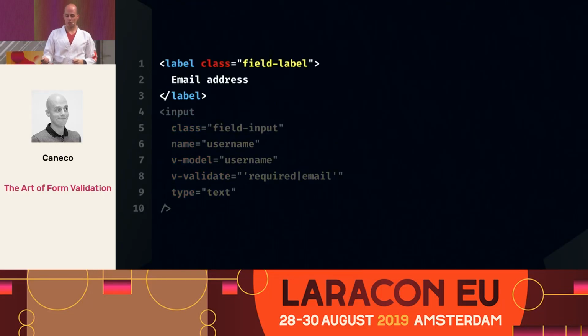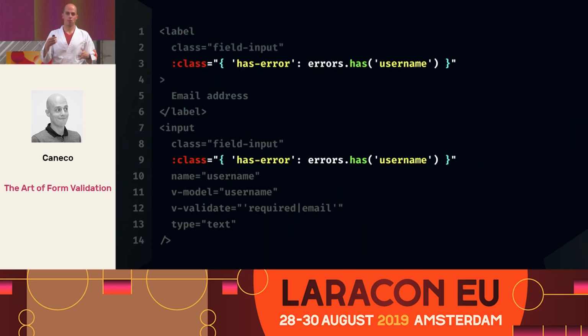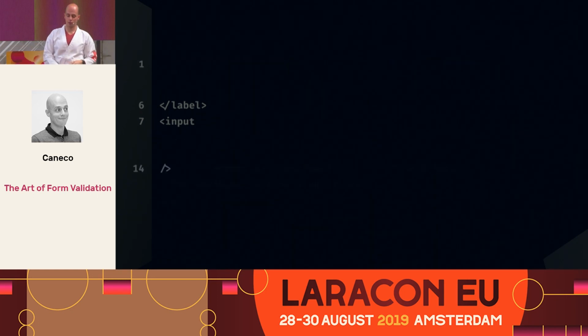To use them, for example, you have a label because you want to add some styling on that label. So, very common in Vue, you just add your classes if there are errors on that input field.